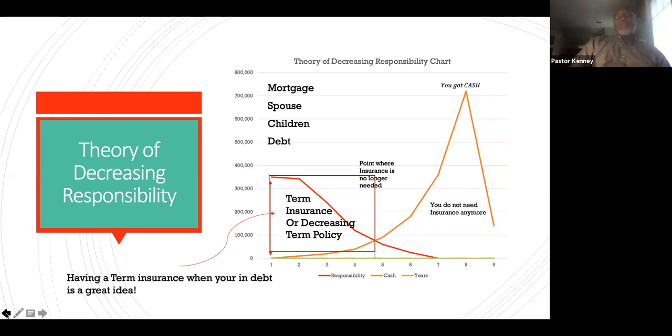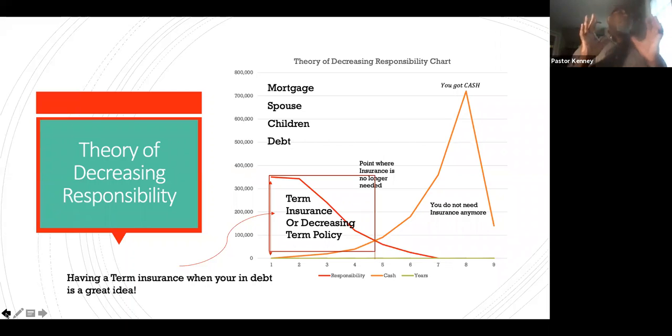Everybody's different. But anyway, I've shared with you what I have for term insurance. Do you have any other questions? I think I've covered it pretty well. I spent years getting licensed and studying and learning all the intricacies. I don't think you need all those levels of detail.